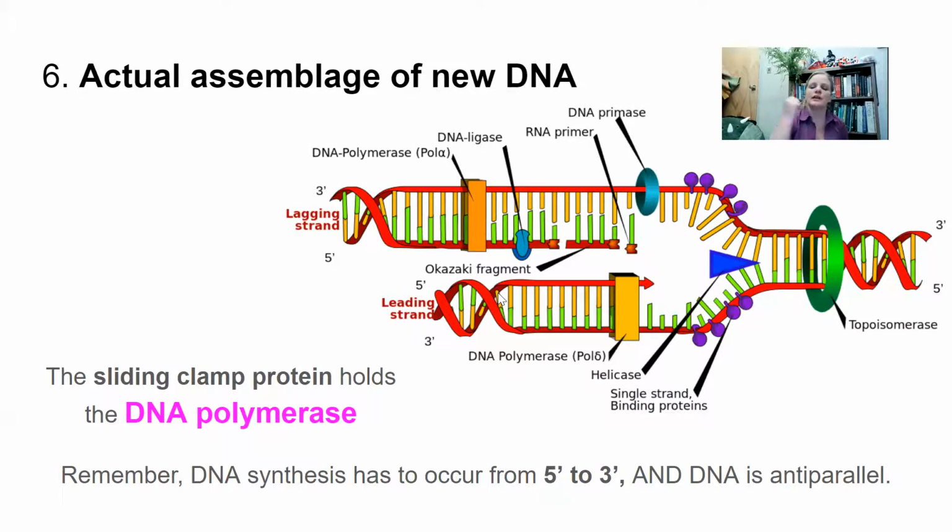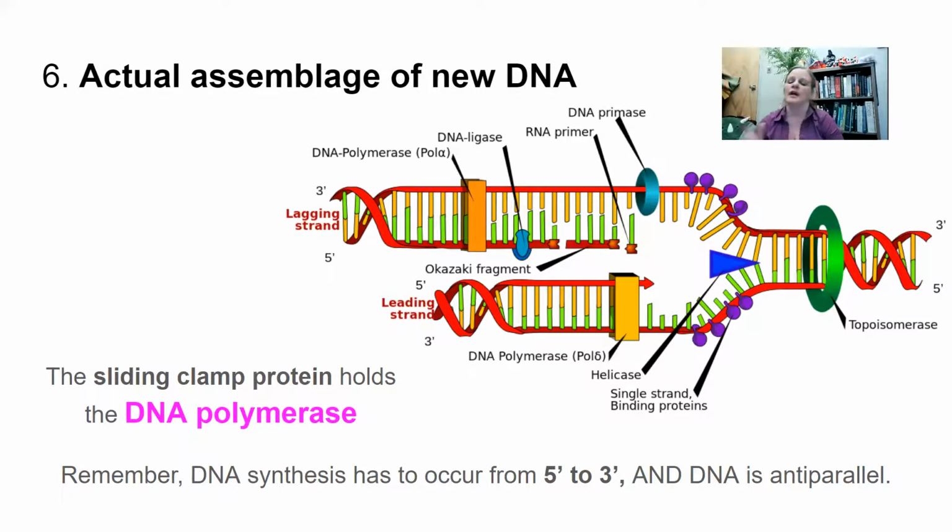Those are the enzymes creating the dehydration reaction, linking those new nucleotides on and synthesizing a new polynucleotide. Okay, so the sliding clamp protein holds on and makes sure that the polymerase doesn't fall off.